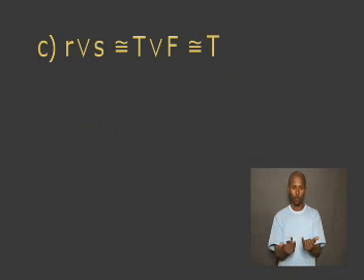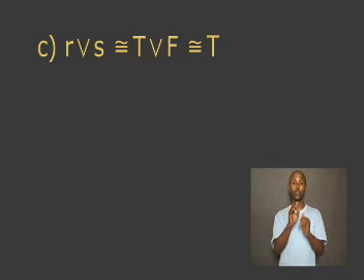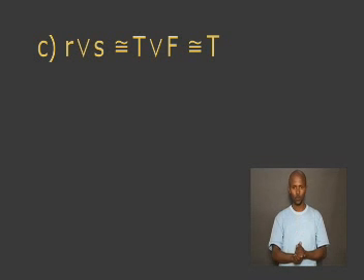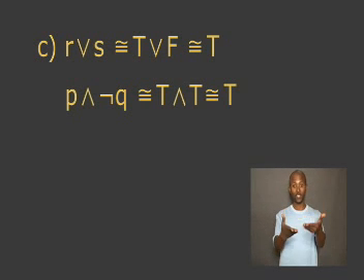Now, for the third statement, R or S and P and not Q. The statement R or S is equivalent to saying true or false, which is equivalent to true. The statement P and not Q is equivalent to true and true, which is equivalent to true.